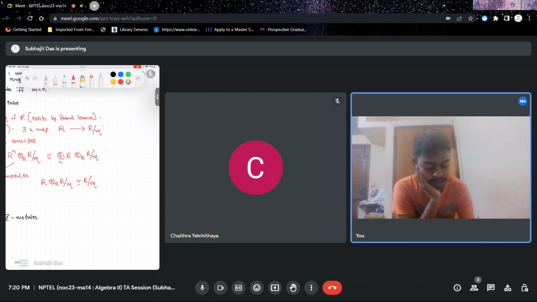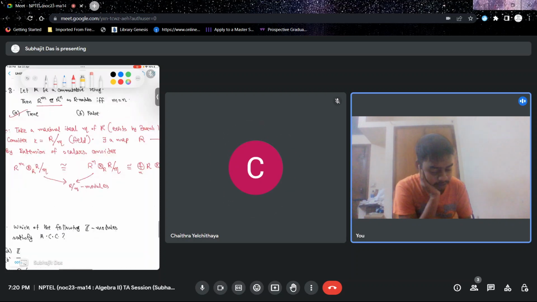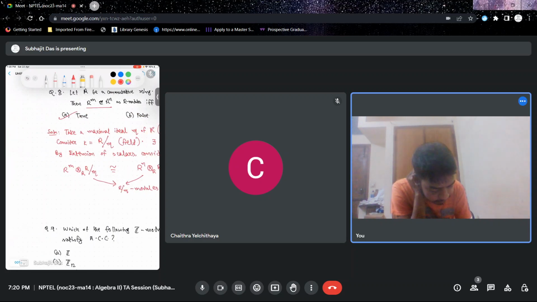So that would mean that this is isomorphic to the direct sum of R tensored over R with R/m, n copies, and as is always the case, this is just the direct sum of n copies of R/m. That is, this is isomorphic to (R/m)^n, right? And similarly, by the same argument, this is isomorphic to (R/m)^m, right?